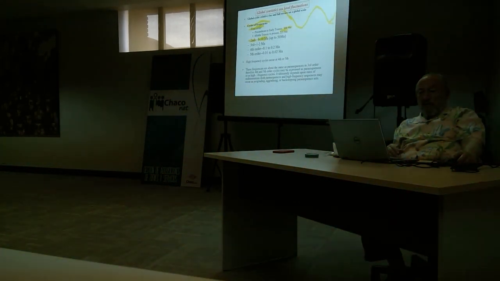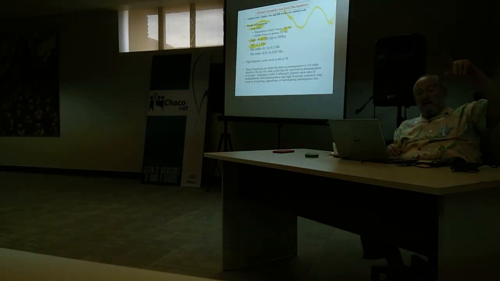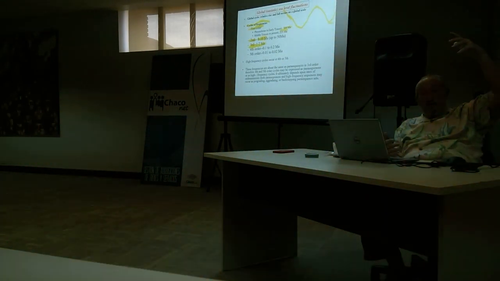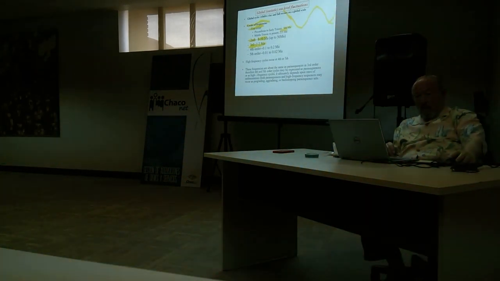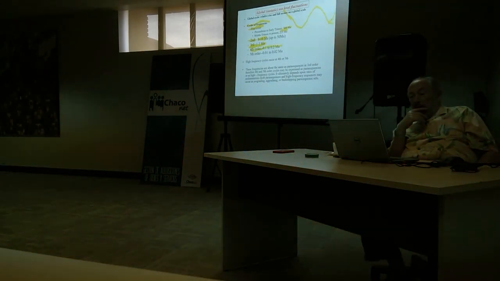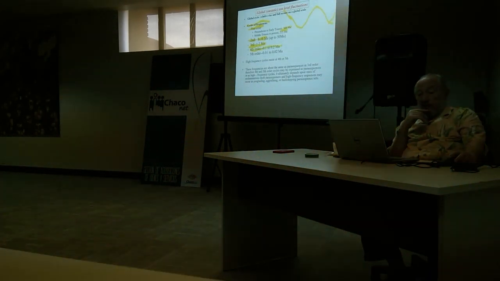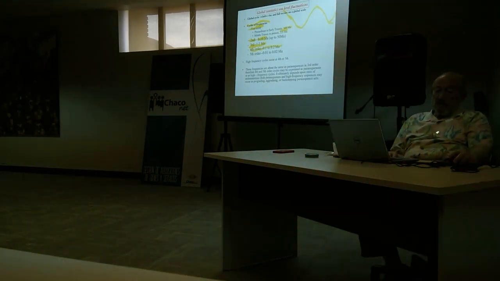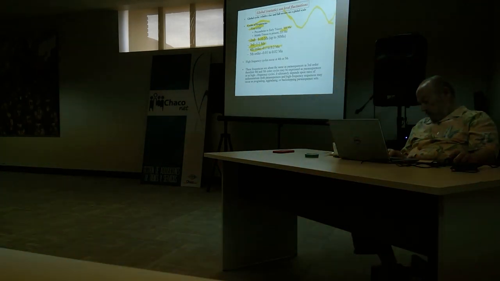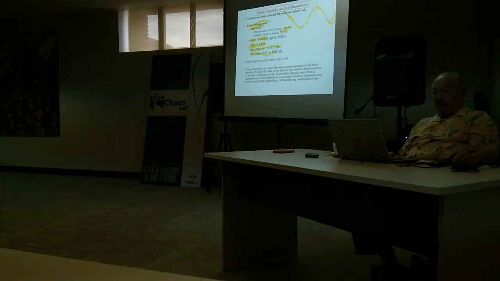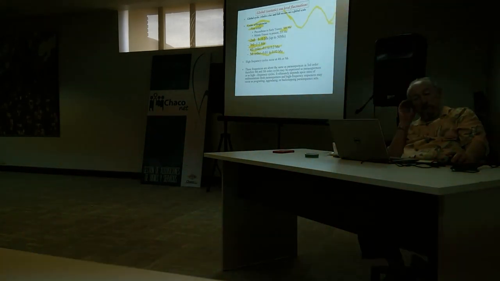What we call a third order cycle is where you had a fall and rise of sea level on the order of 1 to 2 million years. Fourth order cycle is where you had a fall and rise of sea level about 100,000 to 200,000 years, 0.1 to 0.2 million years. And fifth order cycle, about 10 to 20,000 years.